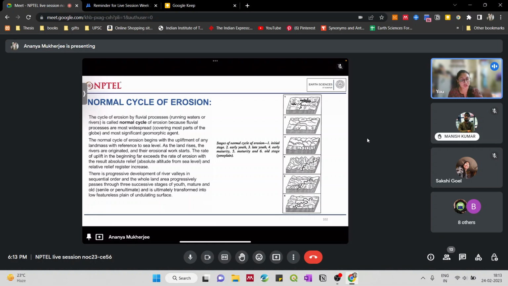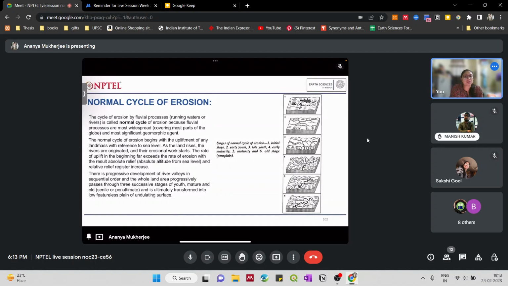Most of the changes that we see in landscapes and landforms are caused by rivers, which are very commonly acting as the agents causing these landform changes. That is why it is also the most important geomorphic agent for us to understand.